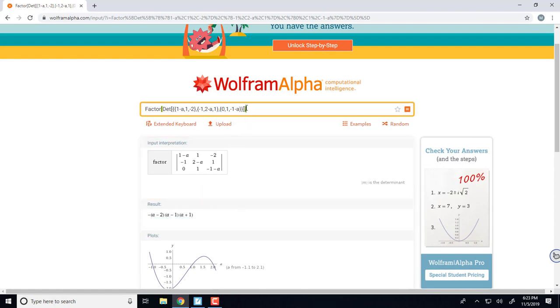But what I'm actually going to do now is take that determinant that we had, and I'm going to say solve. And what did we set that determinant equal to? So here's the corresponding matrix.